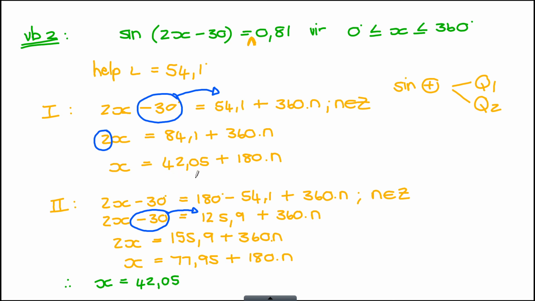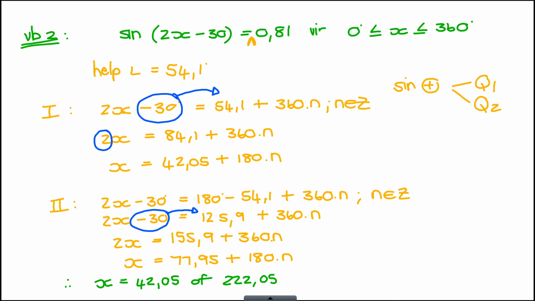Dan is dit 42,05 plus 180 and that's going to give me 222,05. Okay, as ek nou vir n gaan 2 maak, dan lê hy buite my interval. So that will be it for the first quadrant.